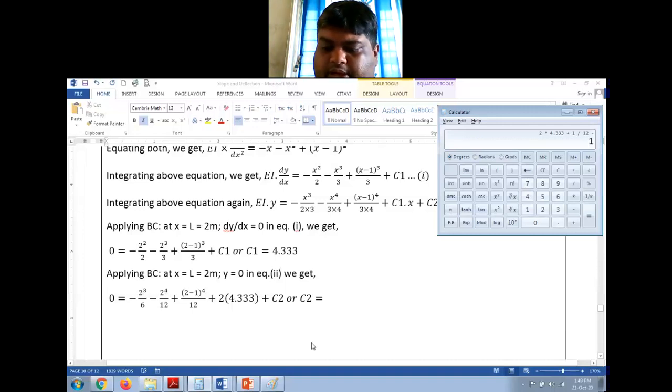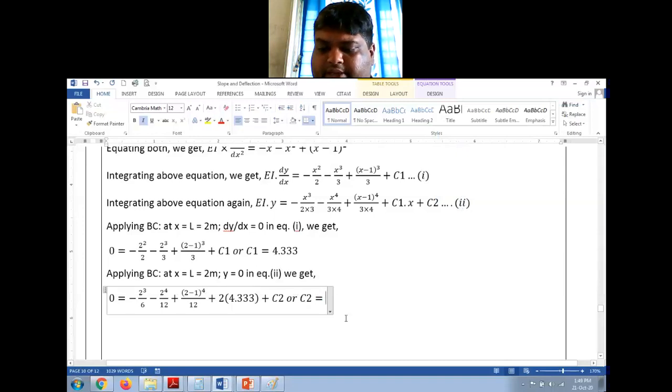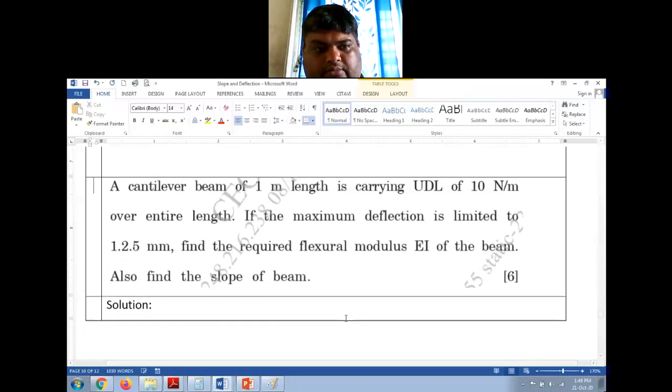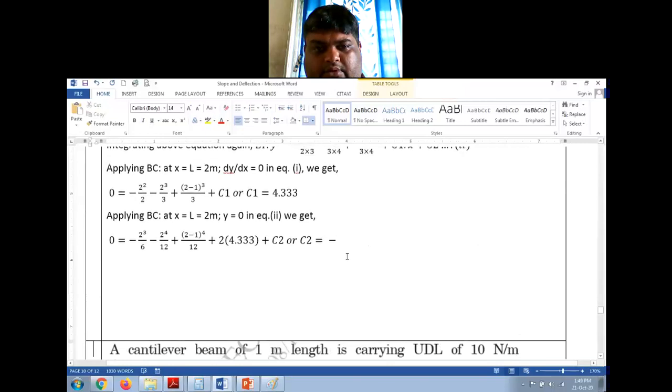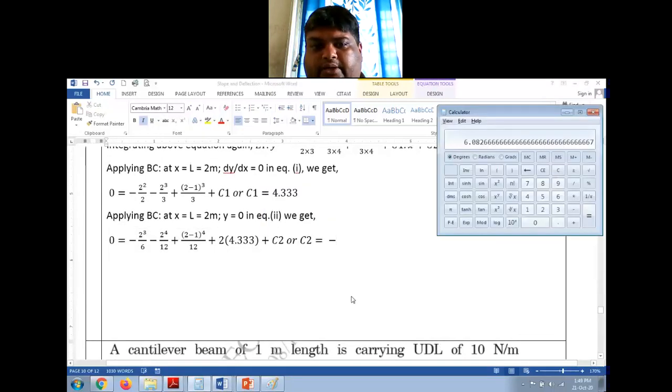So 16 by 12 minus 2 cube is 8. 8 by 6. So it is a positive value 6.0826 or 6.083. And when it goes on the other side it will become negative. So C2 is minus 6.08.